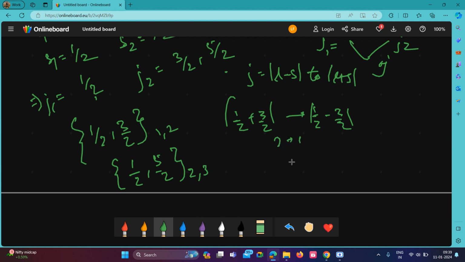And this is 2 by 2... that is 4 by 2, that is 2, 3. Right, so this is how you have to do it. Is it clear? We just did the JJ coupling. Half, 3 by 2 mix up with each other to give 1, 2, and half, 5 by 2 gives 2, 3.